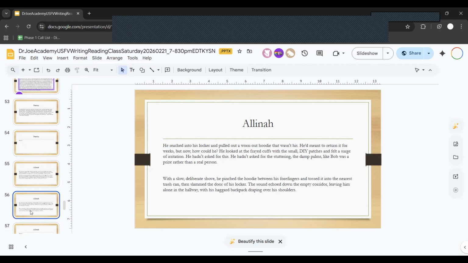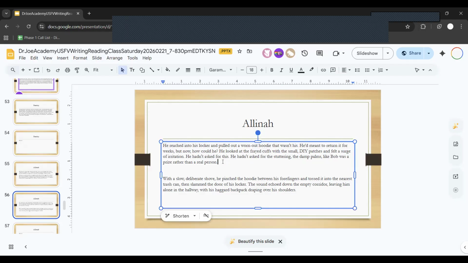And over here. Okay, this sentence, he hadn't asked for the stuttering, the damp palms, like Bob was a prize rather than a real person. It just sounds a slight bit awkward. Instead, we could just write, he hadn't asked for the stuttering.